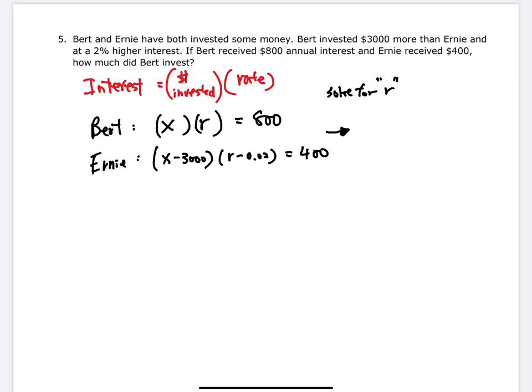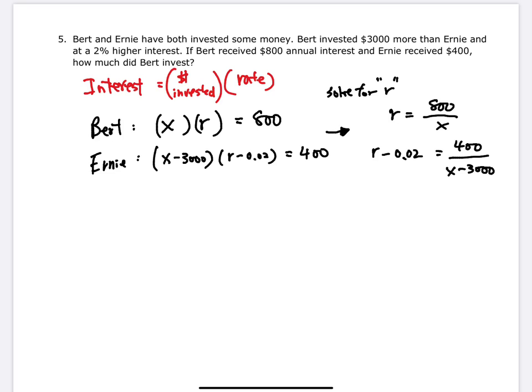So we have, let me see, R equal 800 over X. And this is going to be R minus 0.02 equal 400 over, sorry, brain fart, X minus 3,000.